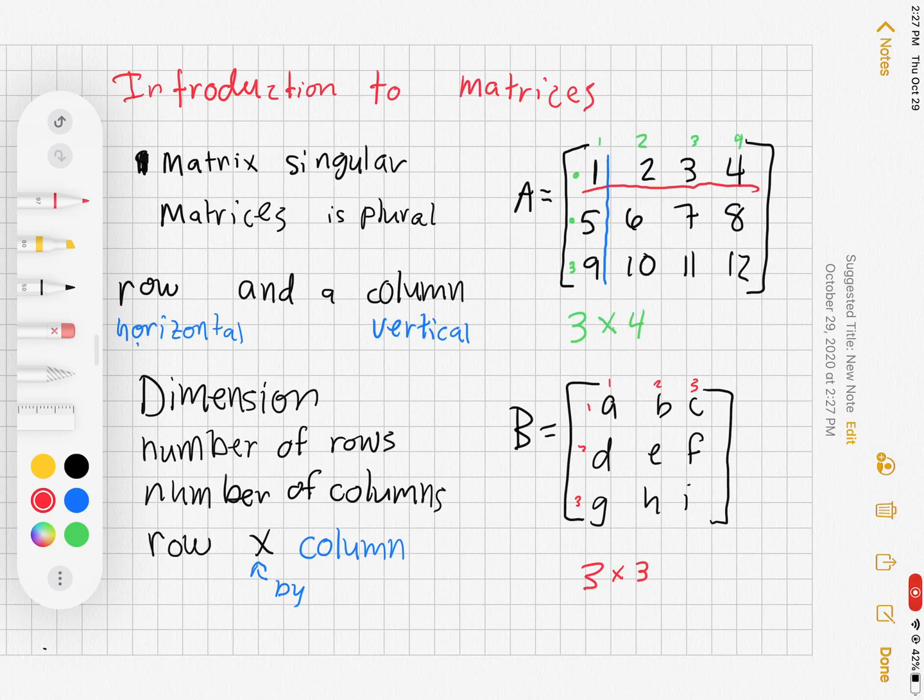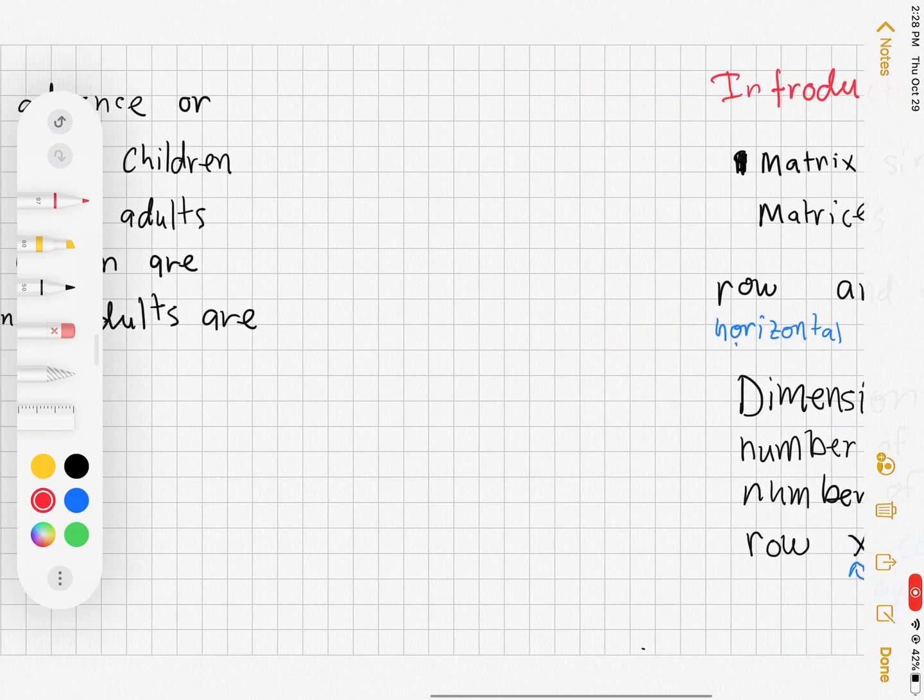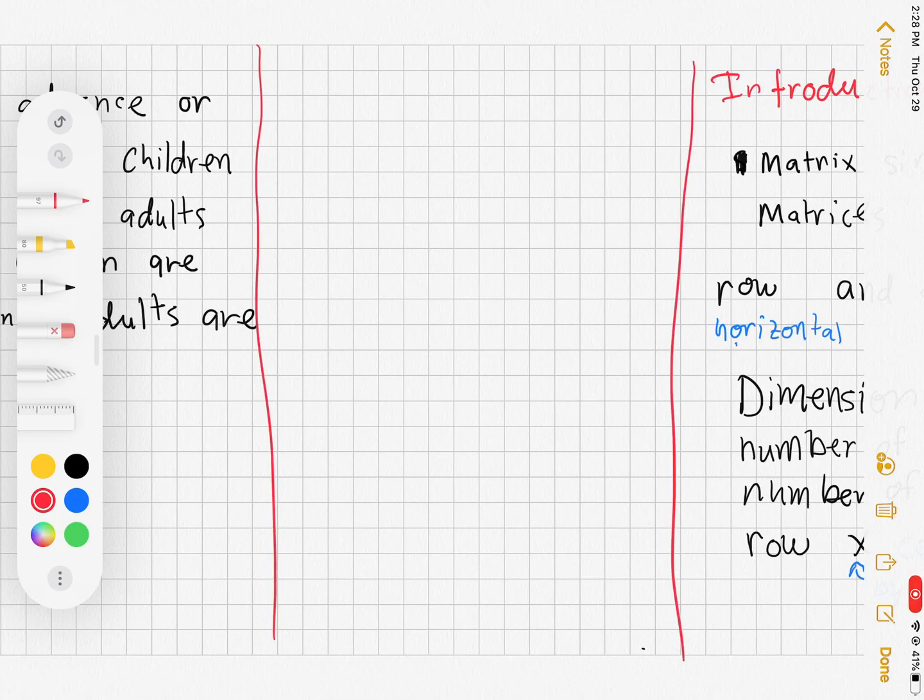Notice matrix B has the same number of rows and columns, so this is what we call a square matrix, meaning it's got the same number of rows and columns. We'll get to that in a second.